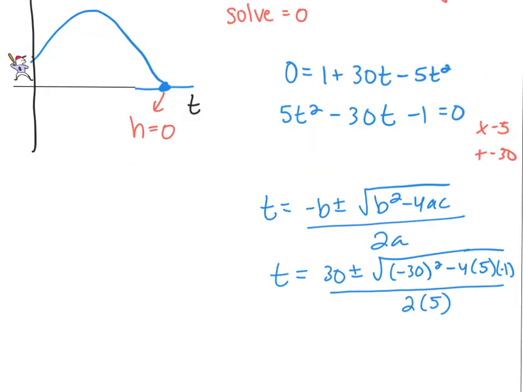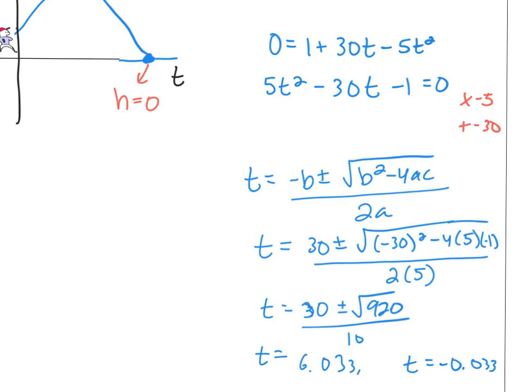When I use the quadratic formula, I get this when I substitute in, and then I will simplify. I'm going to use my calculator to find my answers as decimals.